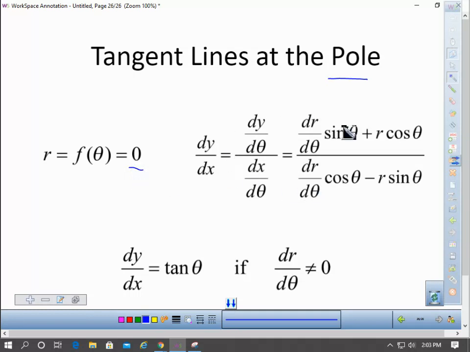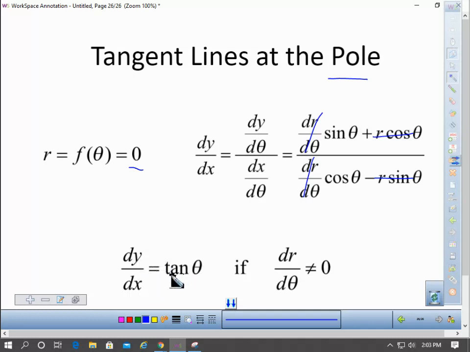So what happens to the derivative when r is 0? That means this part goes away, this part goes away. That leaves you with this part. So then the dr/d thetas are going to cancel, and you're left with sine over cosine, and sine over cosine is tangent. So if you're wanting a tangent line at the pole, then dy/dx equals tangent theta.